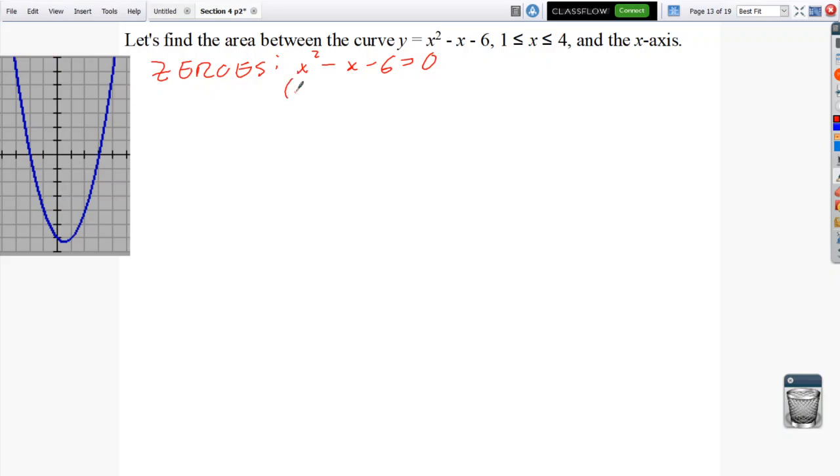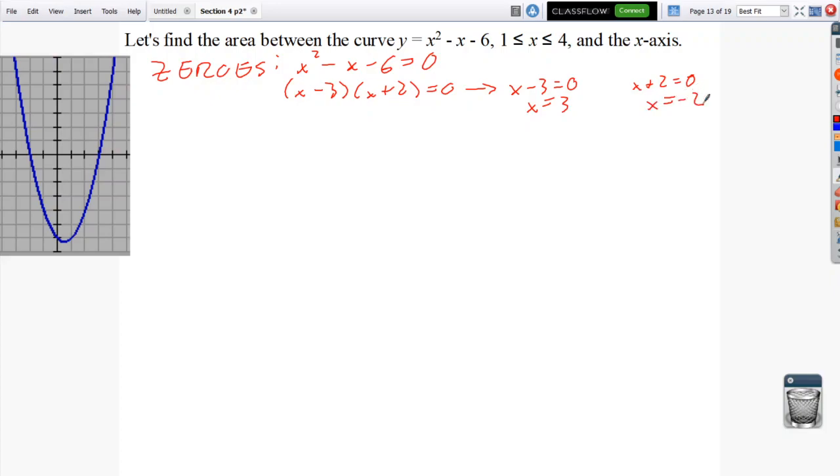So we're going to factor this. We'd have x minus 3 times x plus 2 equals 0, which, using the zero product property, means either x minus 3 equals 0 or x plus 2 equals 0. So that's how analytically we get x equals 3 or x equals -2.